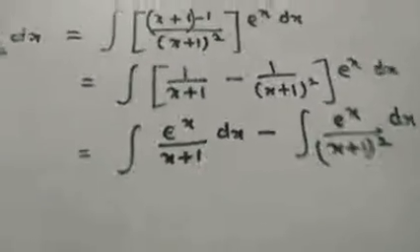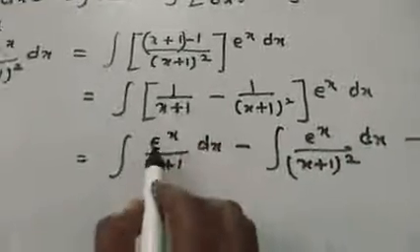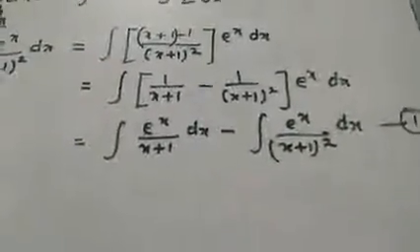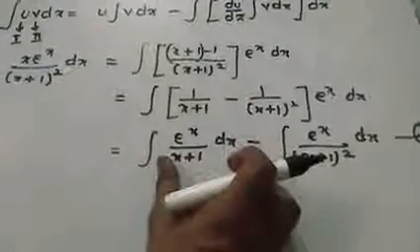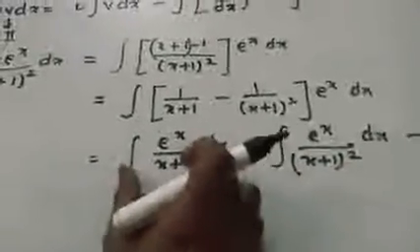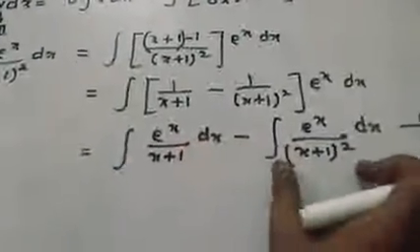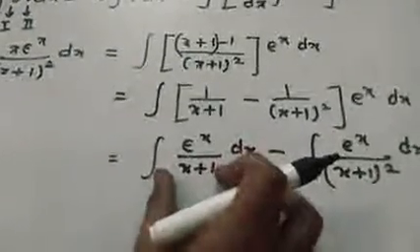Name this expression as 1. Just separating them, multiply by e to the power x and then separate, integrate. Now which term do we have to integrate? We have to integrate this term, the main term, because 1 by x plus 1 whole square is the derivative of 1 by x plus 1.